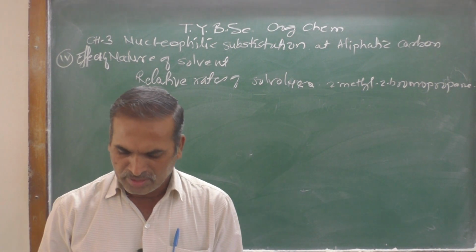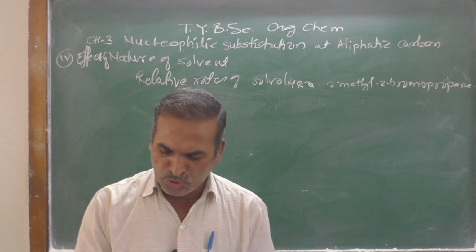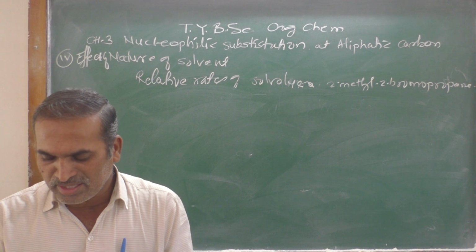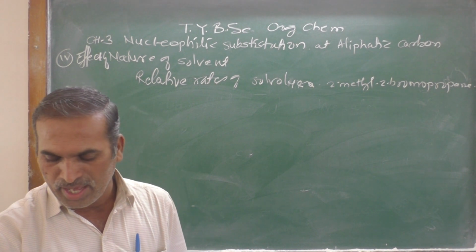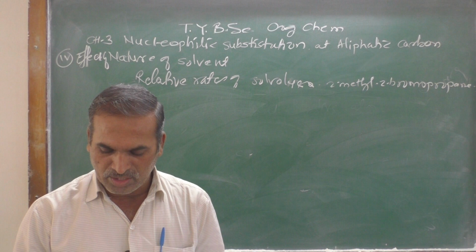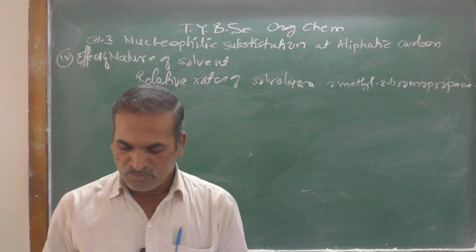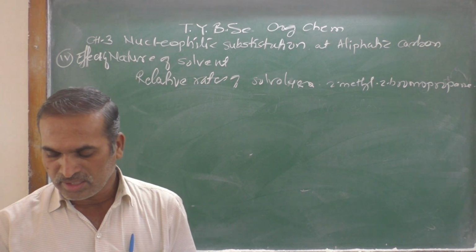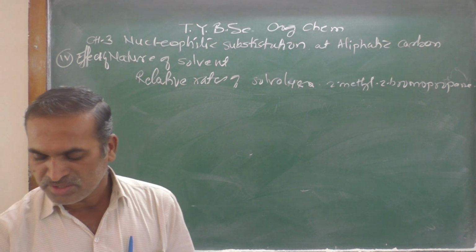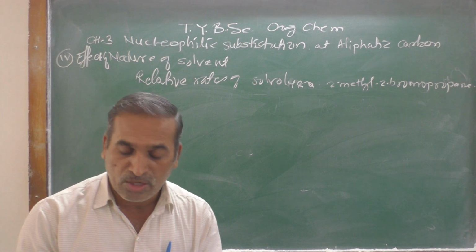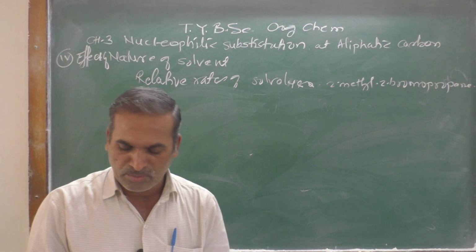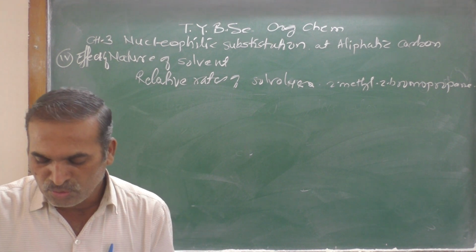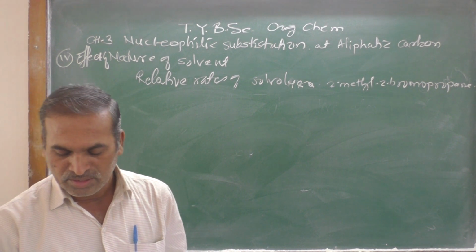Now what is happening? The rate of SN2 reaction generally decreases with increase in solvent polarity. In polar protic solvents such as water, formic acid, methanol, ethanol, etc., the nucleophile itself is solvated by hydrogen bonding with the solvent, and it is difficult for the nucleophile to attack the substrate.